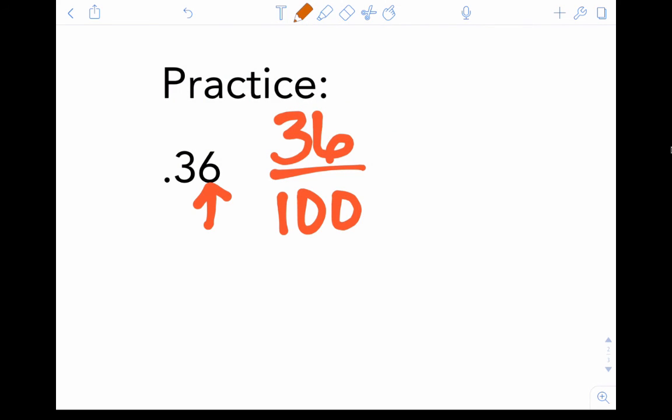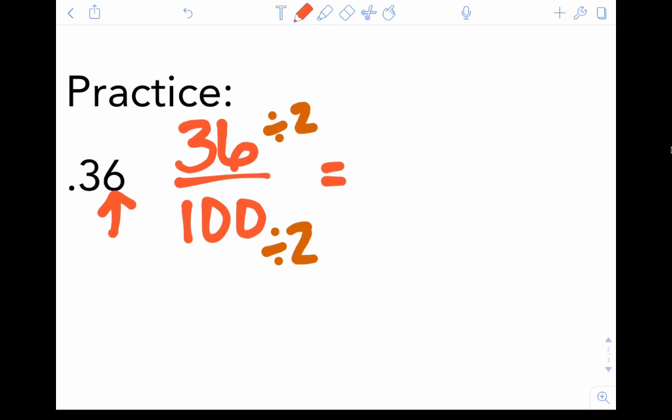I can simplify this. I can either divide by 2 or I can divide by 4. I'm going to go ahead and divide by 2 because I know that's the first thing that most people notice. 36 divided by 2 is 18. 100 divided by 2 is 50.